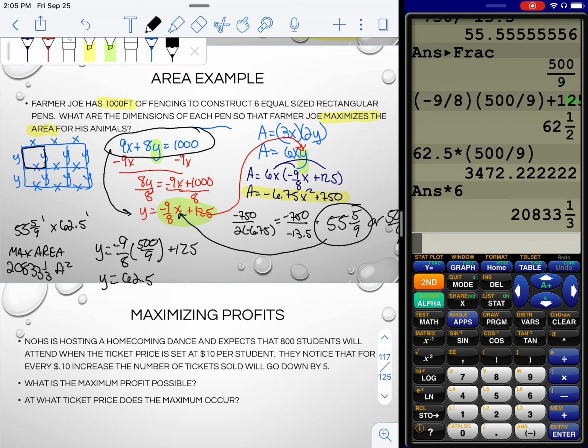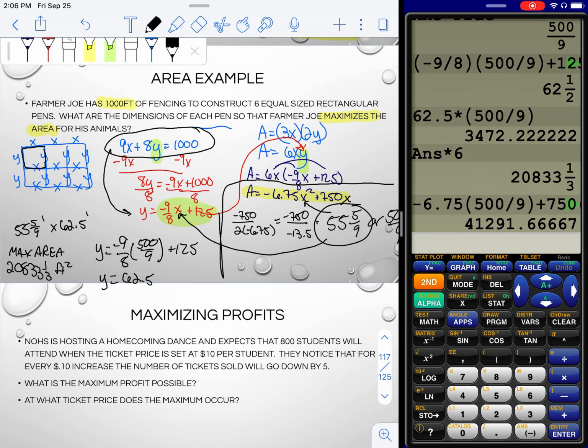All right. What if we took over here, because when we did our vertex formula, I only found the x coordinate of my vertex. What if I plug that 55 and 5/9 back in to the x values for that equation? What we could do is then confirm our answer of 20,833 and 1/3 feet squared. So if I plug that in, negative 6.75 times 500/9, kept it exact, plus 750 times 500/9.